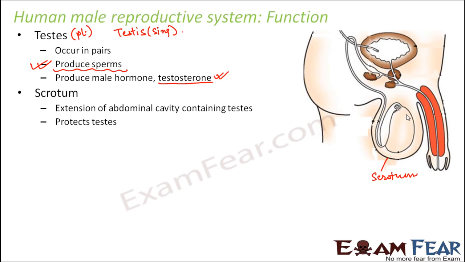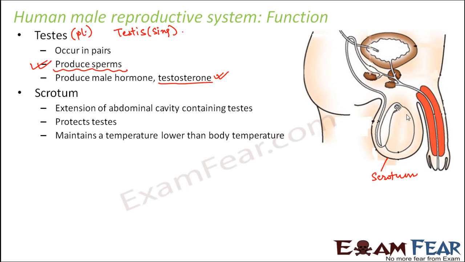So it also acts as a protective covering, because the testis is extremely important. They will produce sperms, they will also produce the male hormone. So we need to protect it. So it ensures protection, and it also provides a separate cavity where the temperature will be suitable for sperm production. So it maintains a temperature lower than the body temperature.